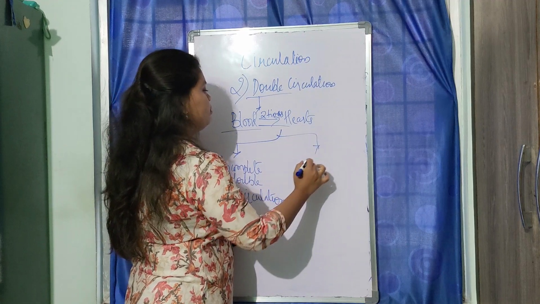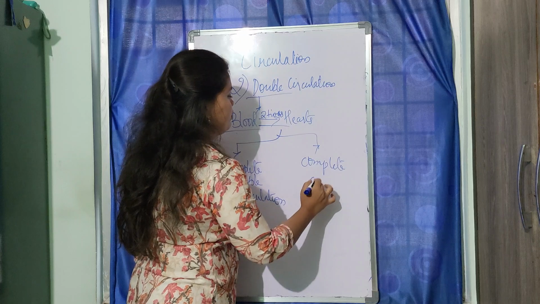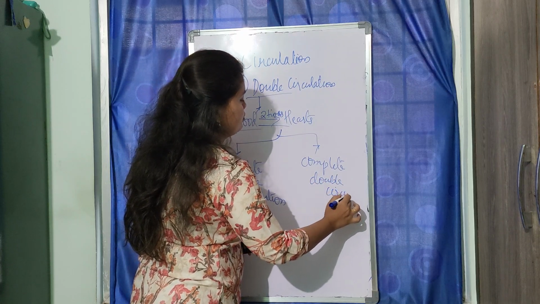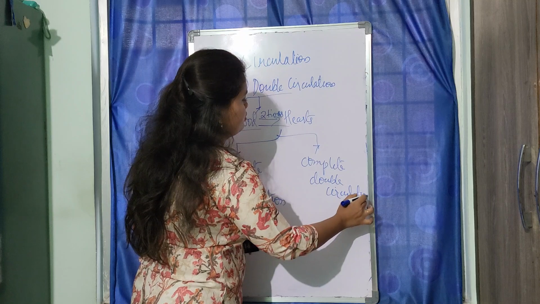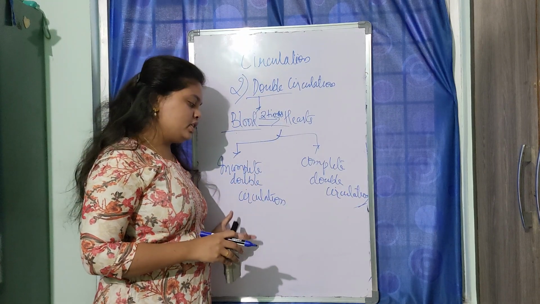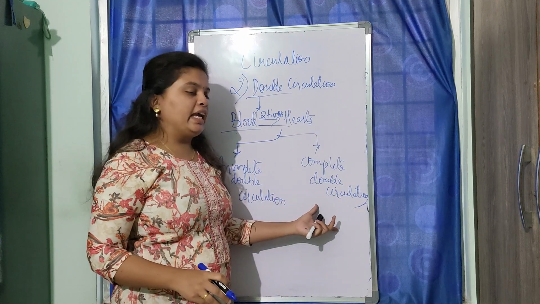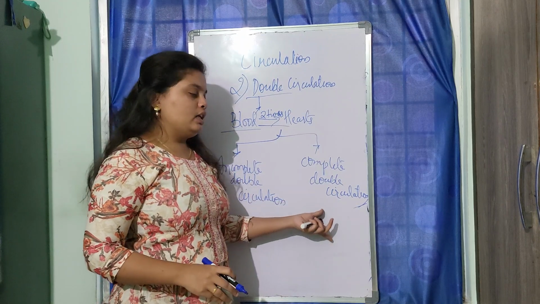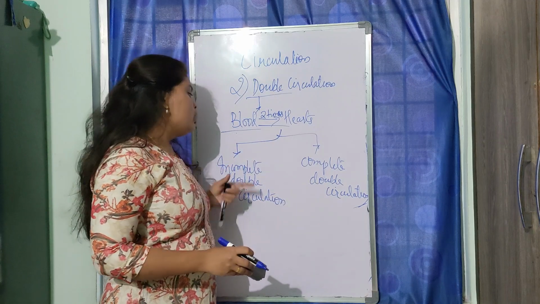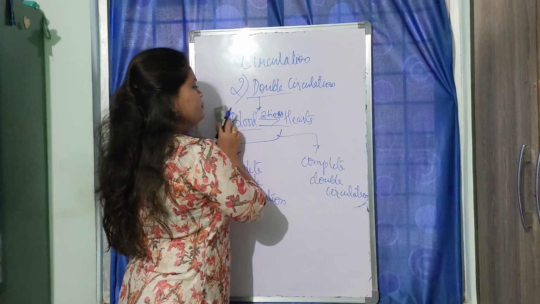So this incomplete double circulation is seen in amphibians and reptiles. Complete double circulation is seen in aves and mammals. Let us understand these two properly. So let me explain about incomplete double circulation first.